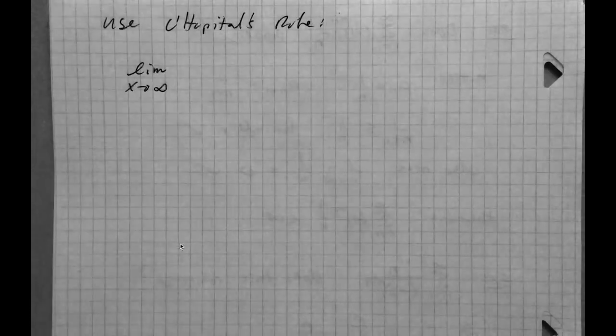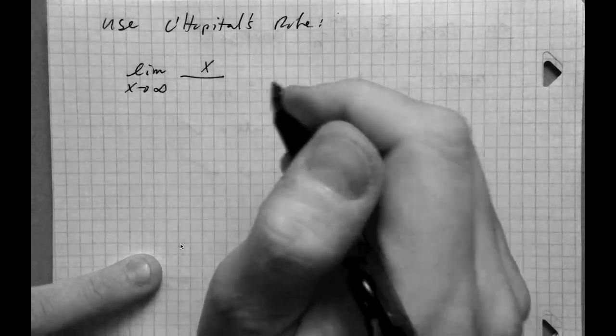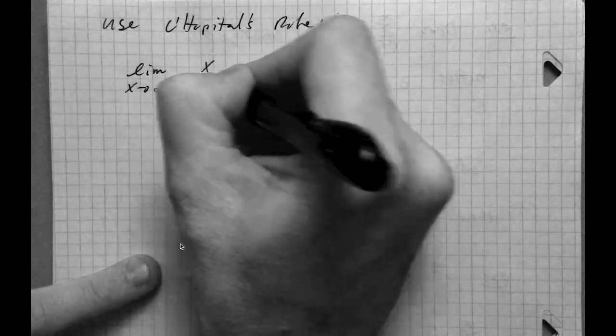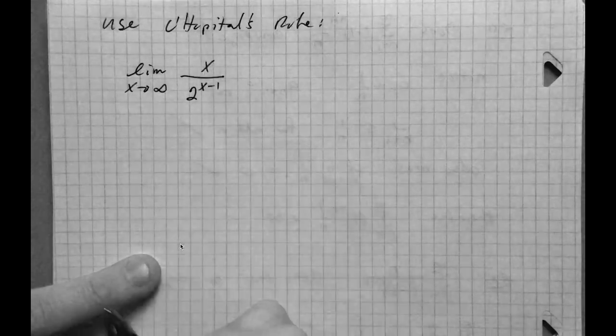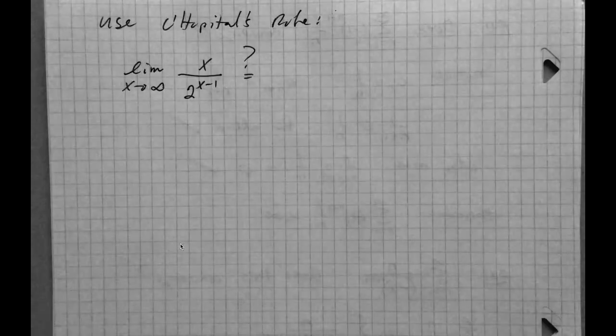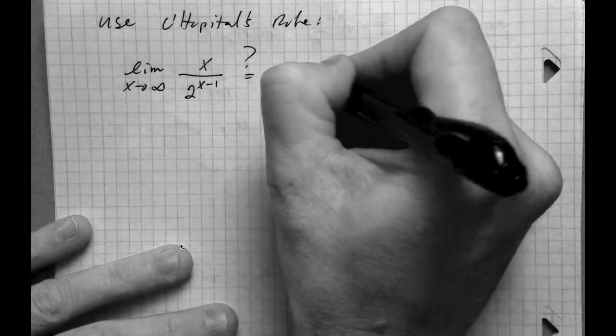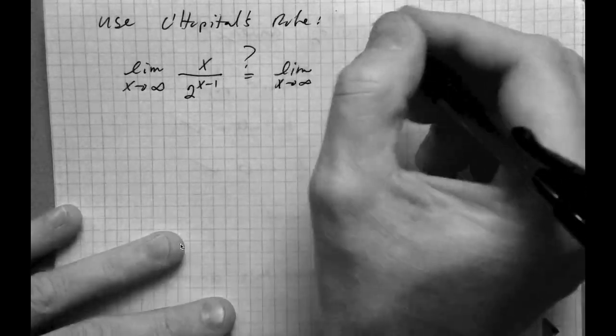Now we're switching variables because we're thinking of this more as a function, since we want to take a derivative here. So think of this limit again, infinity over infinity. Tentatively this limit will be equal to the limit of the ratio of the derivatives, if that limit exists, of course.